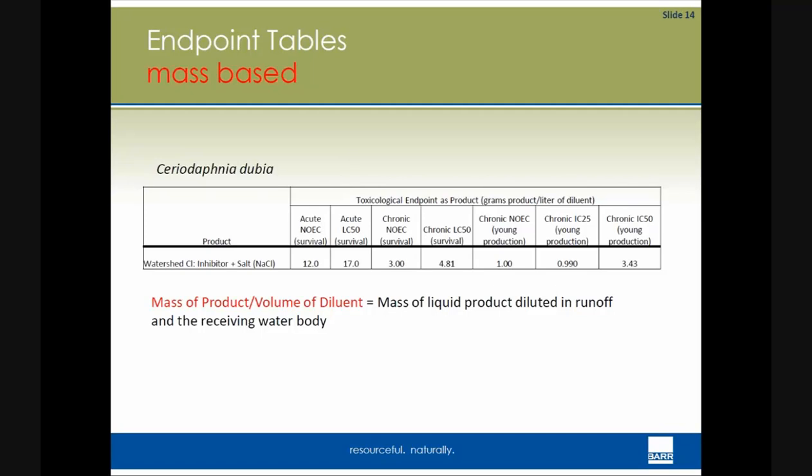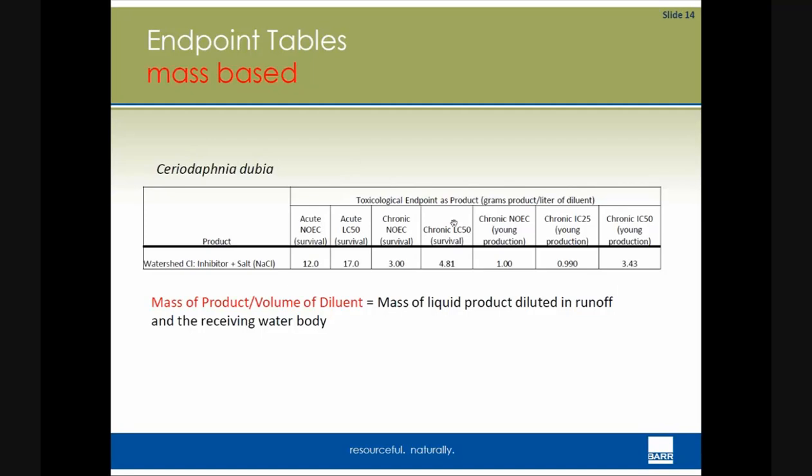These tables here are examples of grams of product per liter of diluent. This is the watershed CI inhibitor plus salt, sodium chloride, and here are the different IC25s and endpoints that I've provided. So it's a mass basis, and the reason I did that is because a lot of these products have different densities.